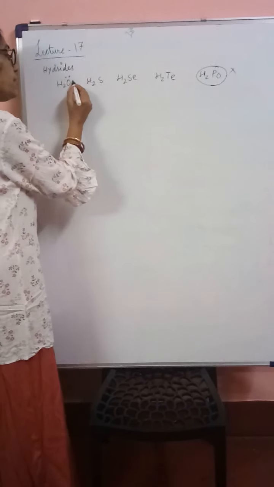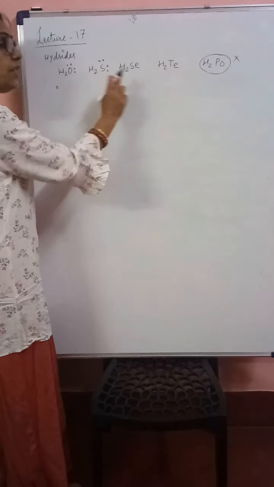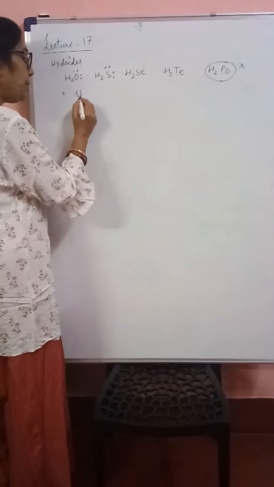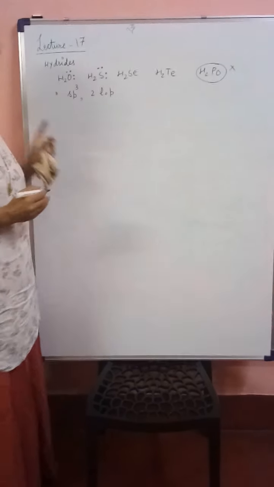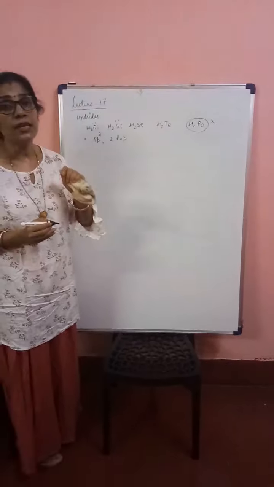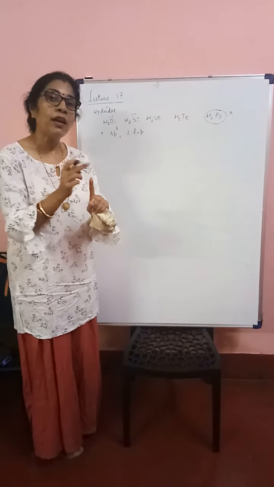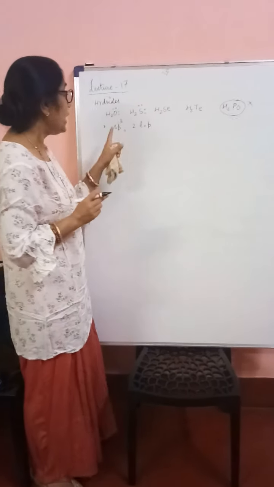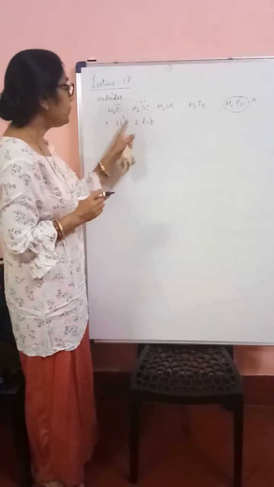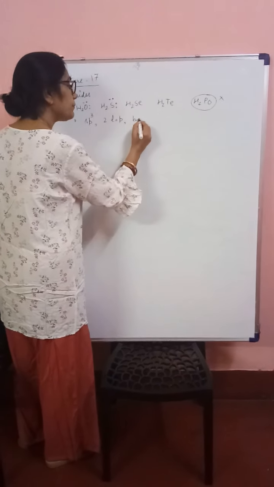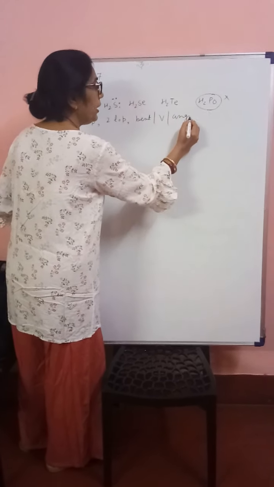Now, so far as the hybridization is concerned, the hybrid state of each hydride is sp3 with 2 lone pairs. With sp3 with 2 lone pairs, what is the shape? sp3 without lone pair is tetrahedral, lying at 109.5 degree. sp3 with 1 lone pair is pyramidal, like ammonia. sp3 with 2 lone pairs is going to be bent, V or angular.